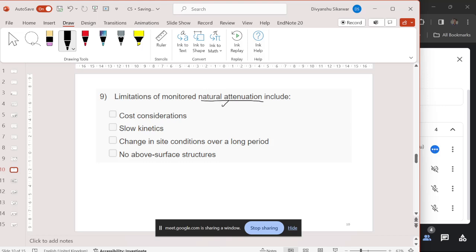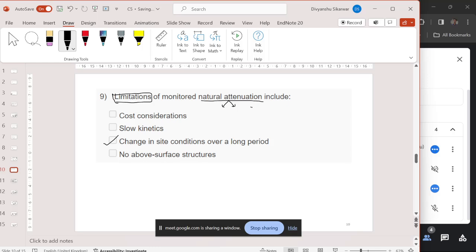These methods have some advantages and disadvantages, and some are given in these options. Which one is a limitation of natural attenuation? Third one, sir, change in site conditions. Change in site conditions over a long period?